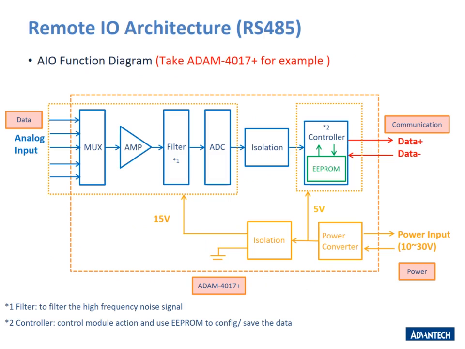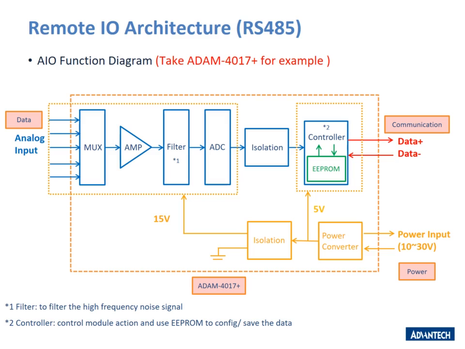For the remote I/O architecture, first we take the ATOM 4017 Plus as an example. ATOM 4017 Plus is an analog input module. For the hardware architecture, I will separate it into three parts: data input part, communication part, and power input part. The analog data will go through the data part to the module.